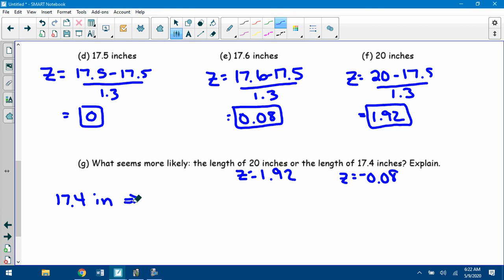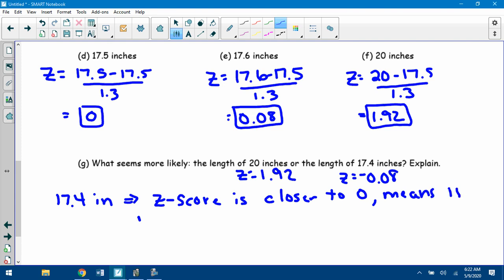And to explain it, if the z-score is closer to 0, it means it's more likely to occur.